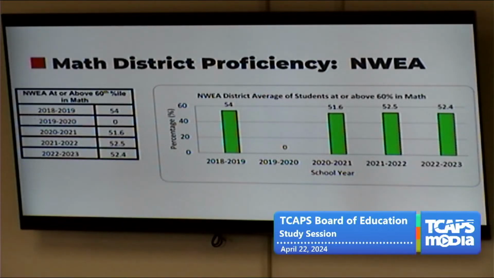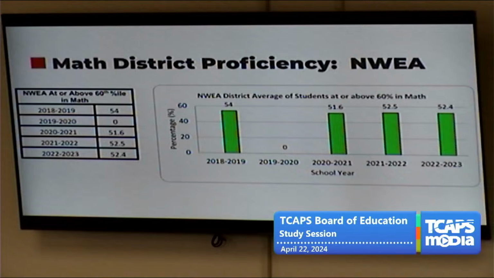And you'll see in 2018-19, our pre-COVID year, the percentage of students scoring above the 60th percentile throughout the district in math. And remember that 60th percentile is what we project to be proficient on MSTEP, and kind of gives us the idea that they're on track for grade level success.